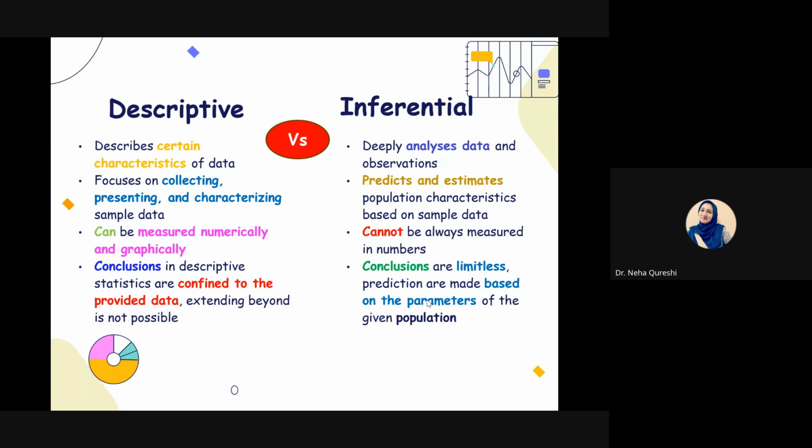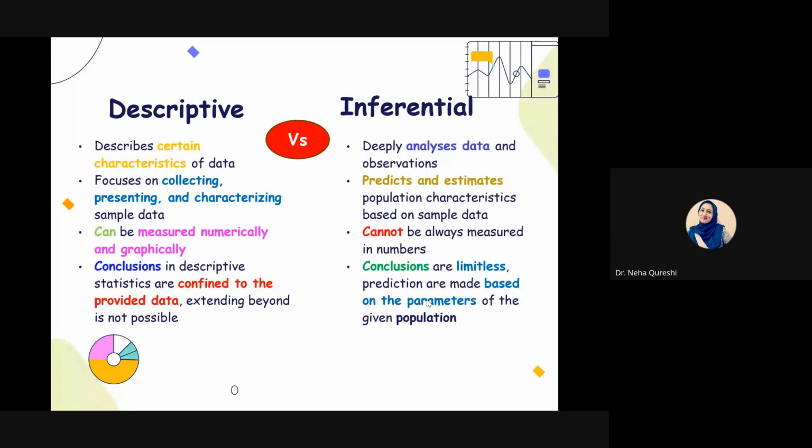It focuses on collecting, presenting, and characterizing the sample data. It can be measured both numerically and graphically, which I will explain further. Whatever conclusions you draw from this summary are confined to that particular sample. You cannot generalize those results beyond that sample.